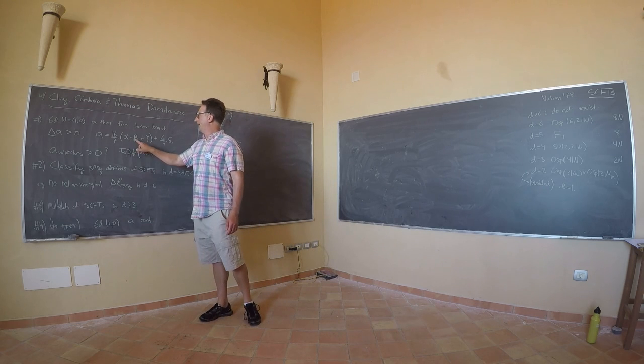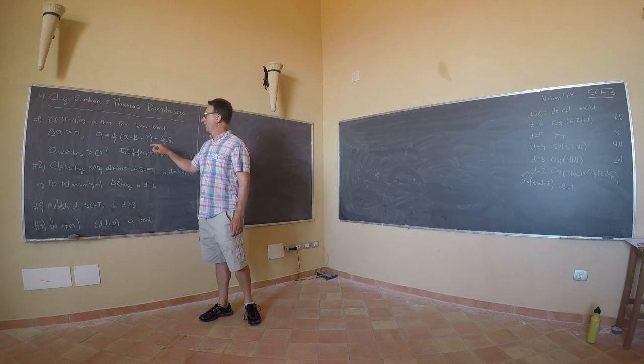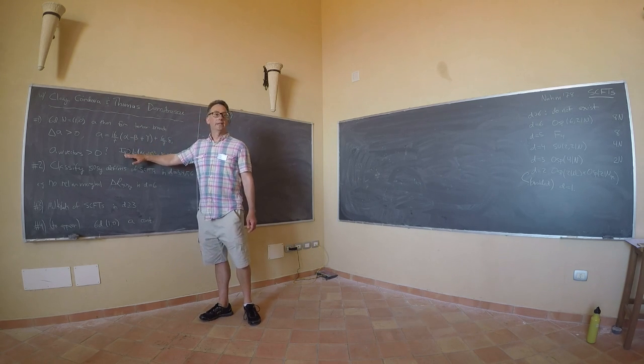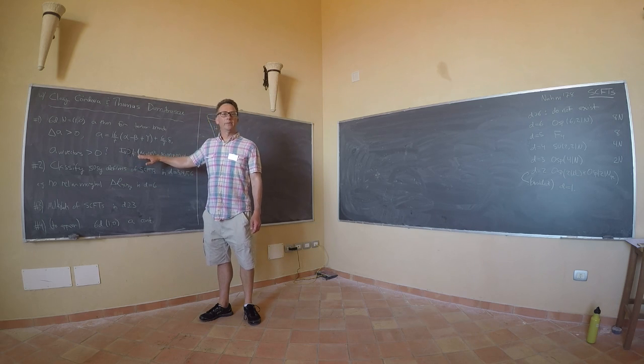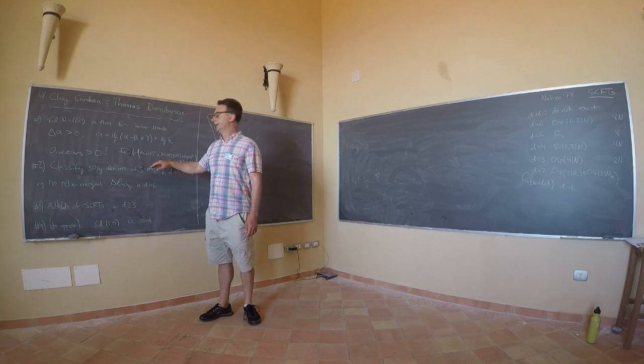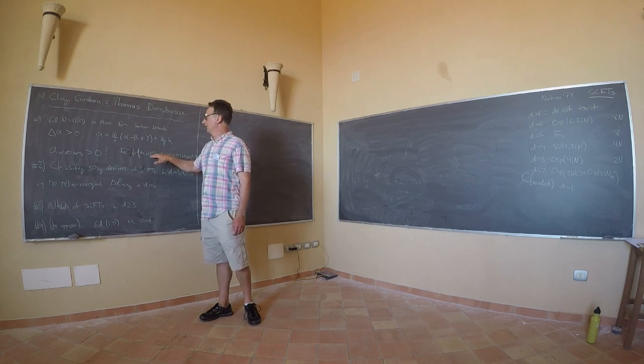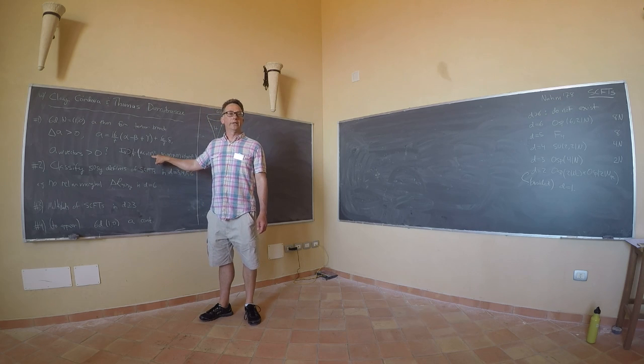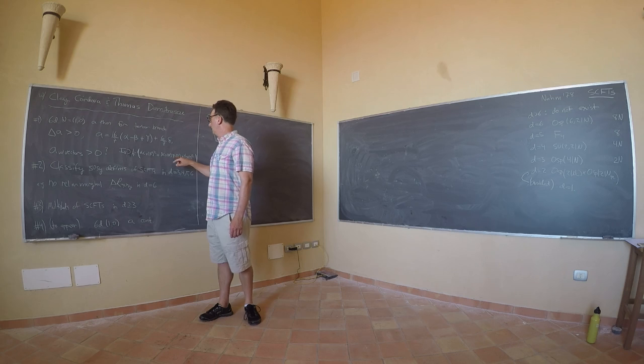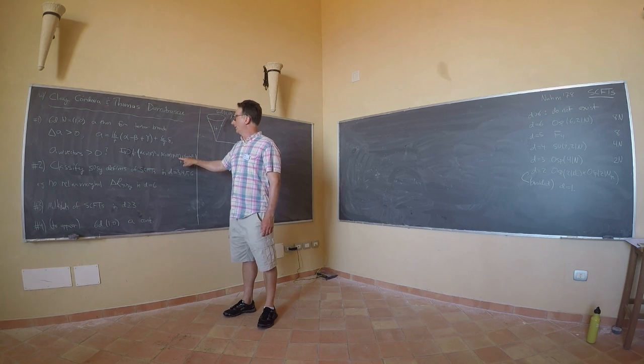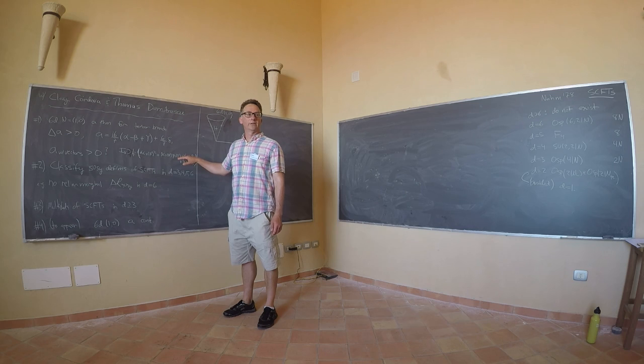So here, alpha, beta, gamma, and delta are coefficients in an anomaly polynomial, and I'll remind you what the anomaly polynomial is. This is if you turn on some background fields for the R symmetry. You can also turn on a background metric, and then there are anomaly polynomial contributions involving the metric.